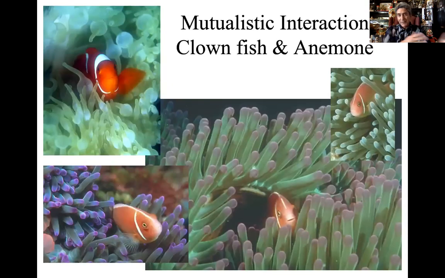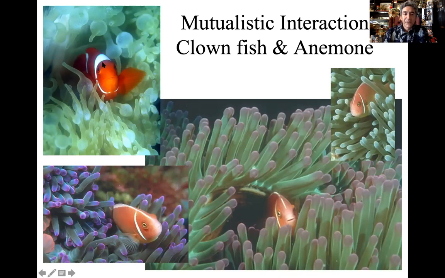And talking about Nemo, right? We have a neat ecological situation going on with the anemones and these clownfish or anemone fish. We consider it to be a mutualistic situation where both individuals basically benefit.